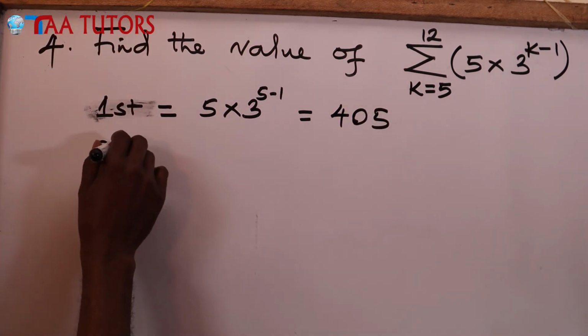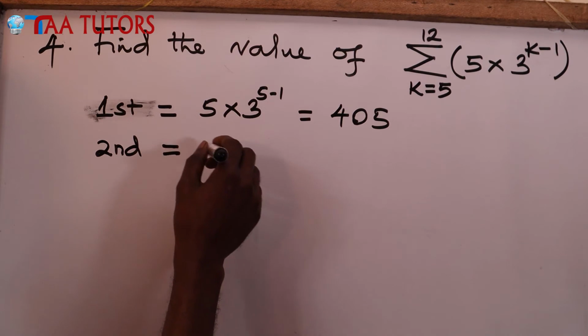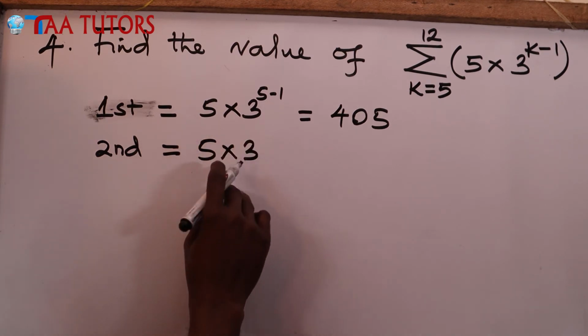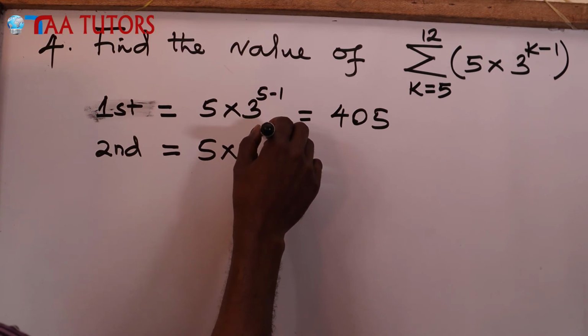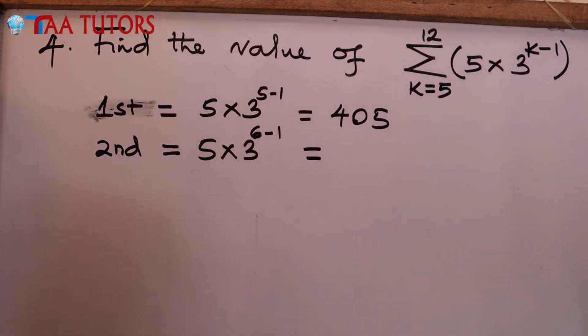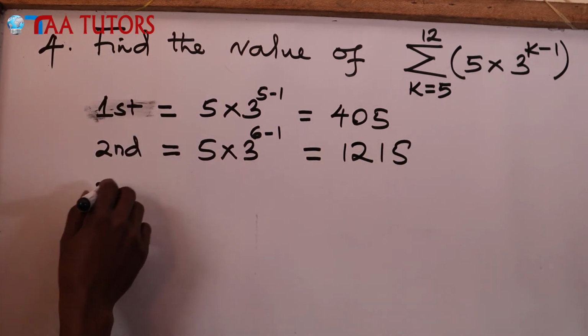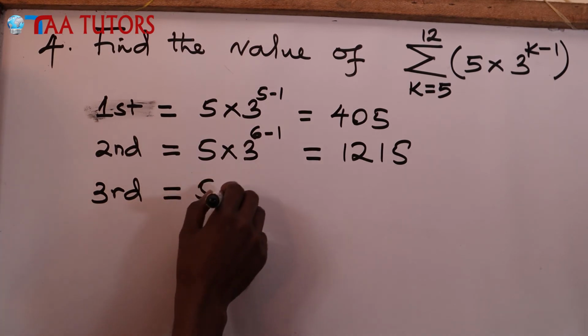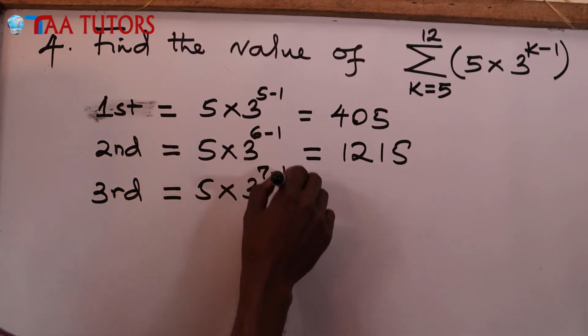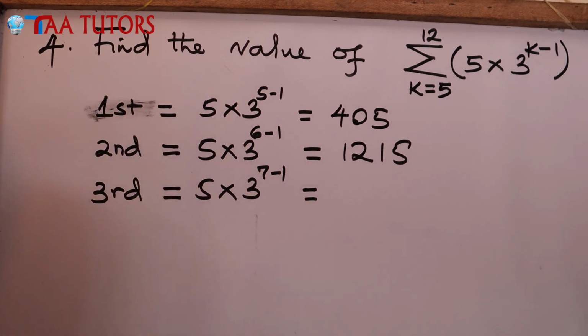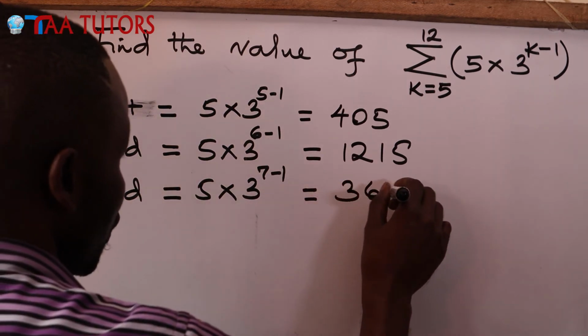The second term for this one will be 5 times 3, where we substitute 6, so it will be 6 minus 1. So 3 power 5 is 243, times 5 is 1215. The third term, I said we only need 3 terms, is 5 times 3, 7 minus 1, which is 3 power 6, that's 729, times 5, you get 3645.